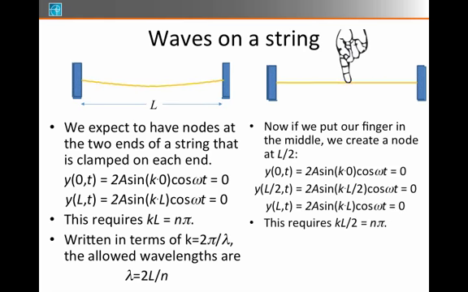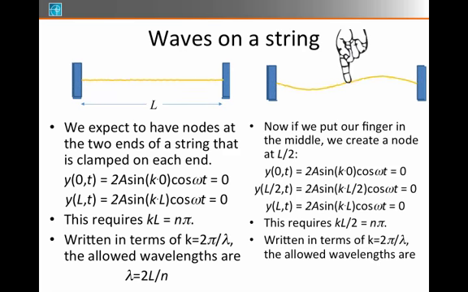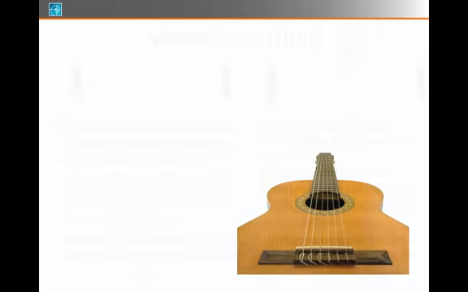This requires that kL over 2 has to equal a multiple of pi, or written in terms of the wave number 2 pi over lambda, I get lambda is L over n. That's just a slight variation, but all we're doing is forcing this string to have nodes at required places. But the more general form for a freely oscillating string is 2L over n for the allowed wavelengths.